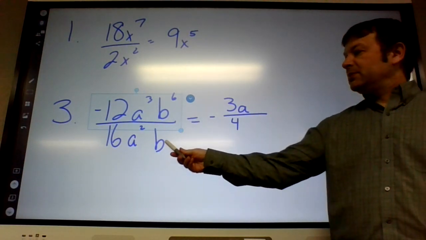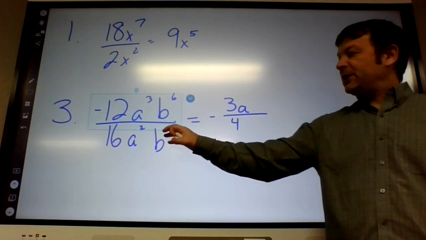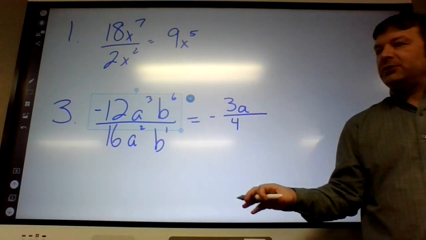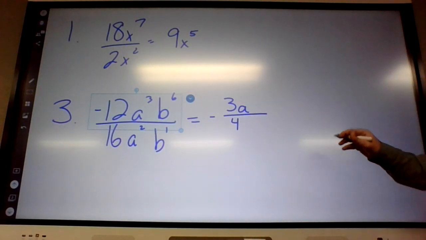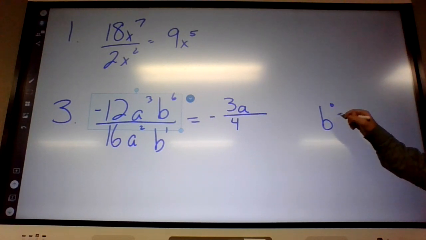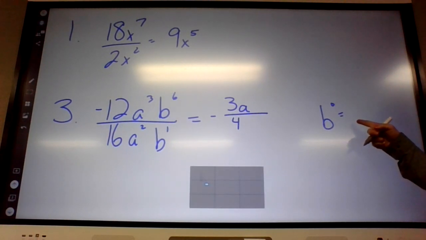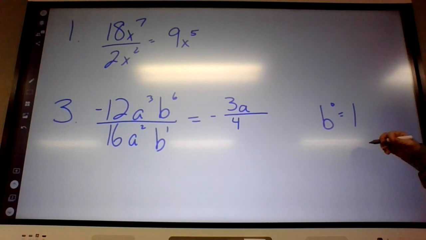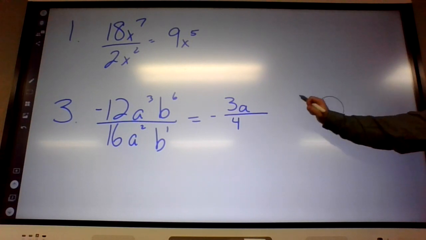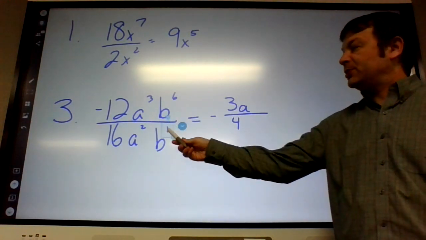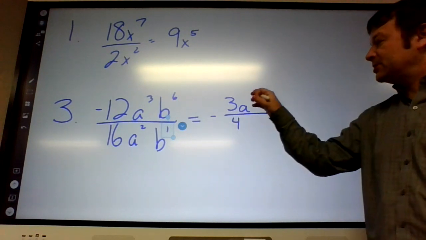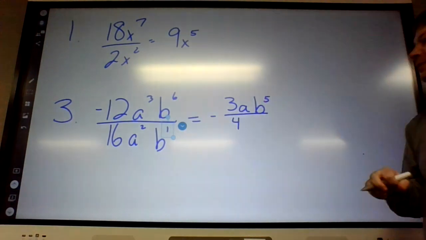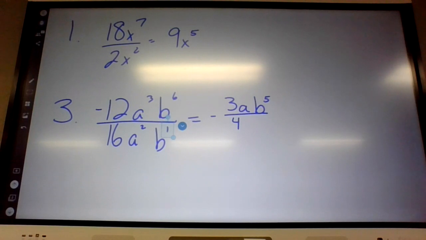If there is no exponent, that's just like a 1. It's not nothing. By the way, what is b to the 0 equal to? 1. Okay. But yeah, b is like b to the 1. So 6 minus 1 is b to the 5th.